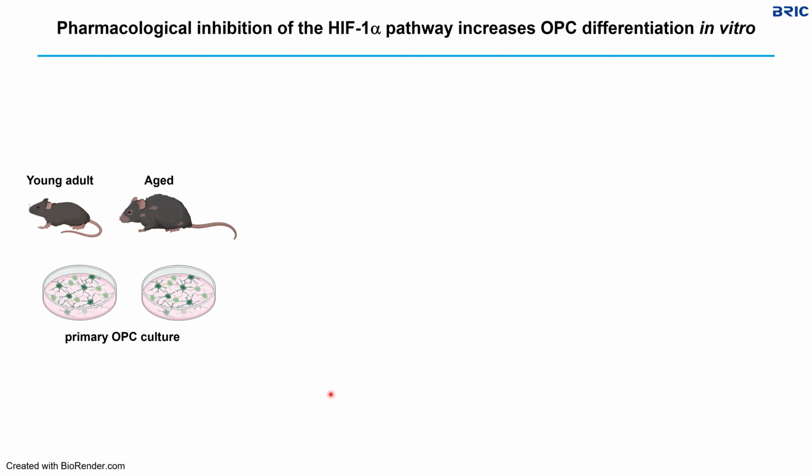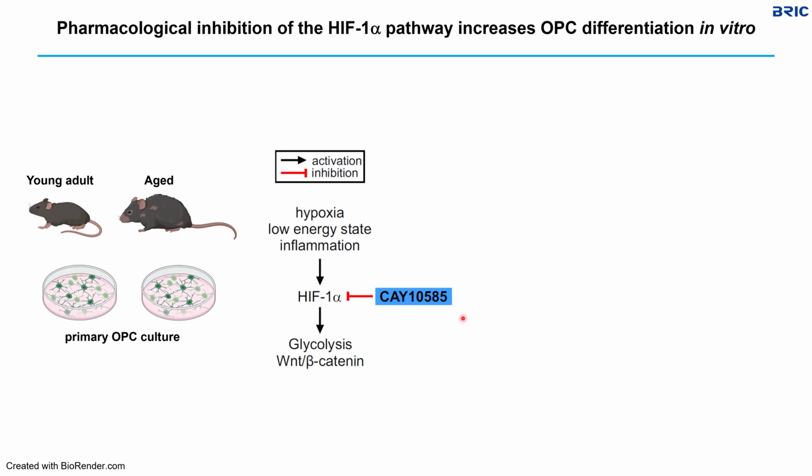So again, we isolated OPCs from young adult and aged adult mouse brains, generated primary OPC cultures, and used this drug called CAY10585 to inhibit HIF-1 alpha signaling globally.